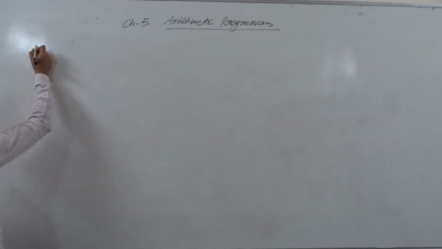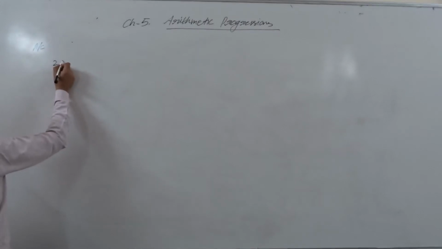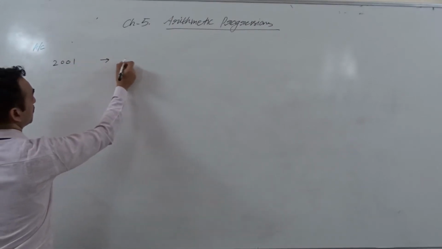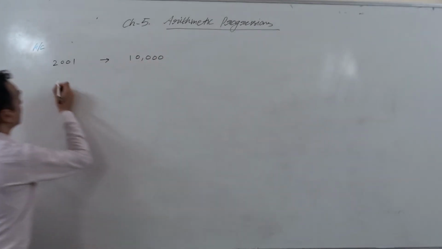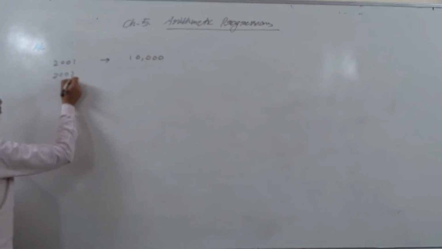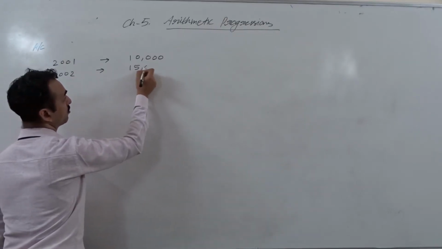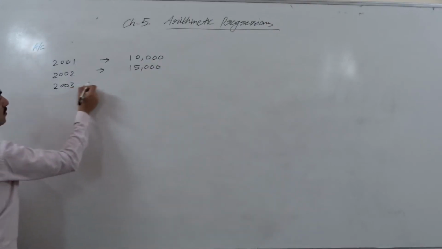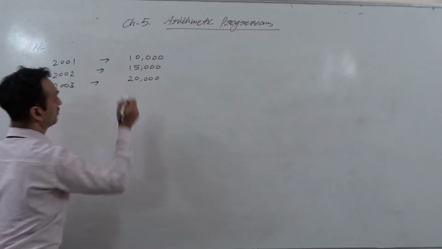Suppose there is an account in your bank. In 2001, you deposit 10,000 rupees. In 2002, you deposit 15,000 rupees. In 2003, you deposit 20,000 rupees.